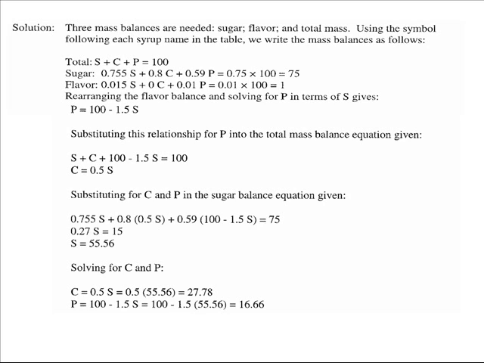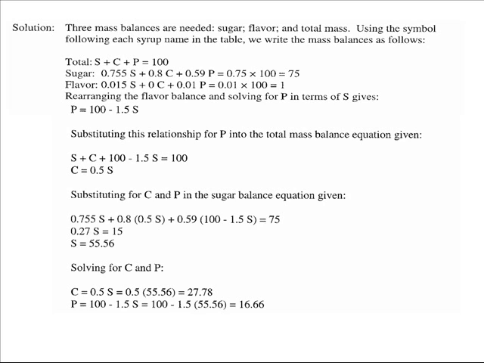Next, substitute for C and P in the sugar balance equation. You take the P equation from rearranging the flavor balance, and C equals 0.5 S from the total mass balance equation, and put them into the sugar balance equation.